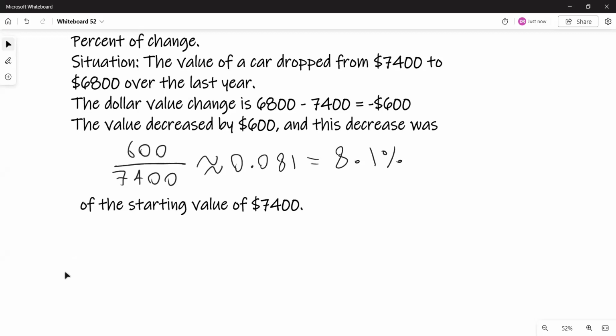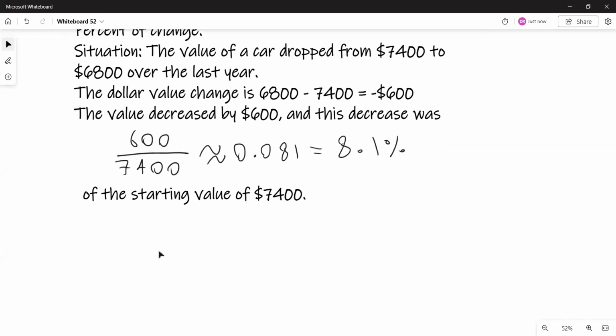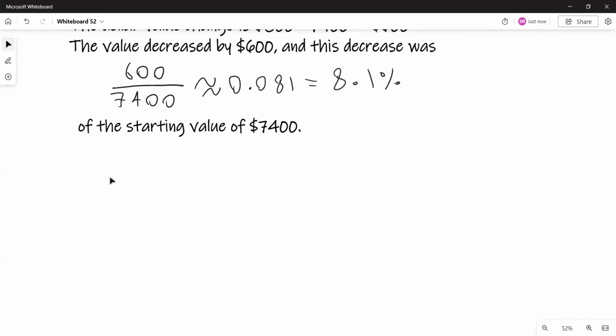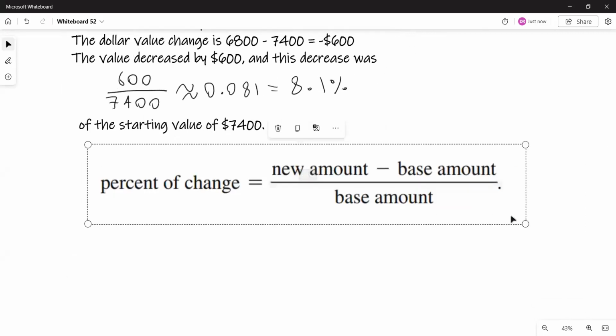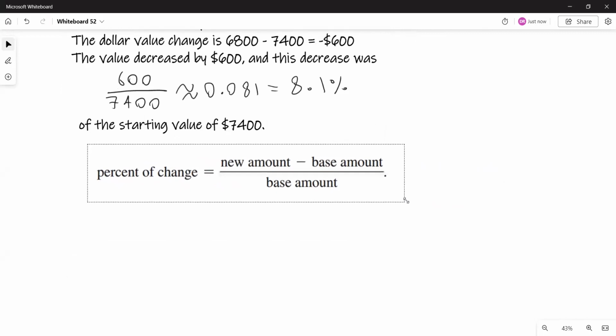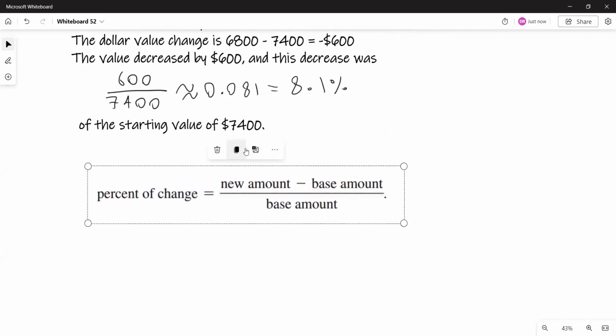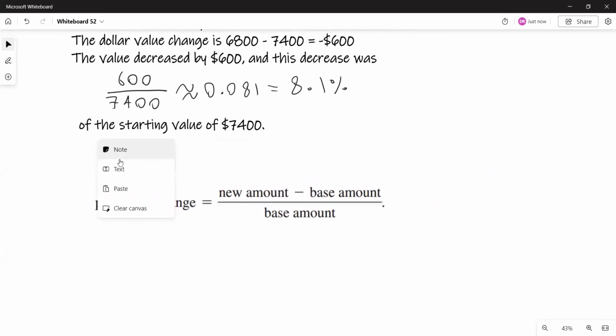That situation was about the decrease in the value of a car over a year. So the percent of change is negative. I didn't write minus because I'm already saying that this is a decrease. So that's the formula for the percent of change.